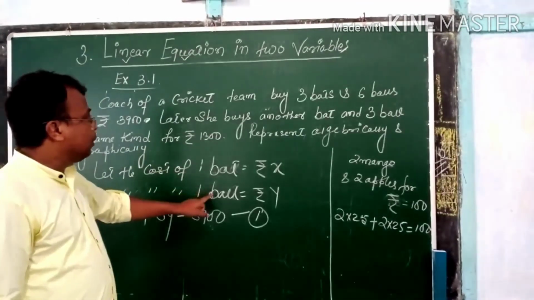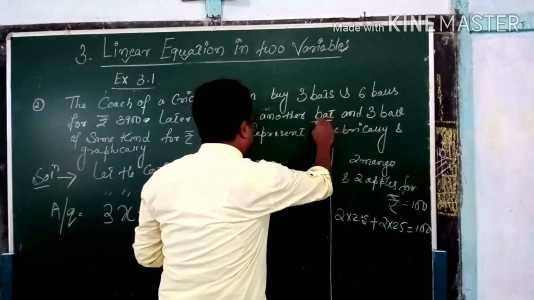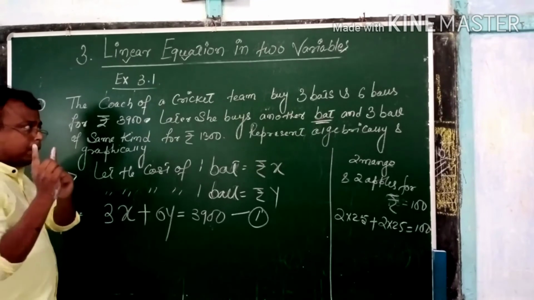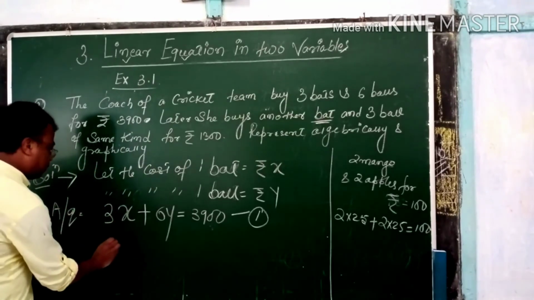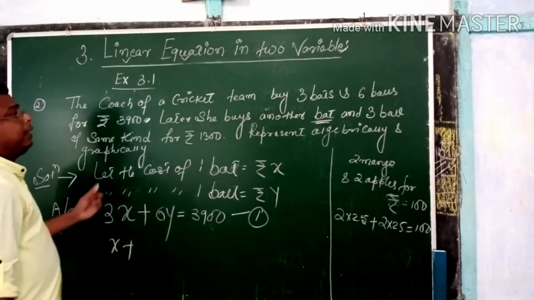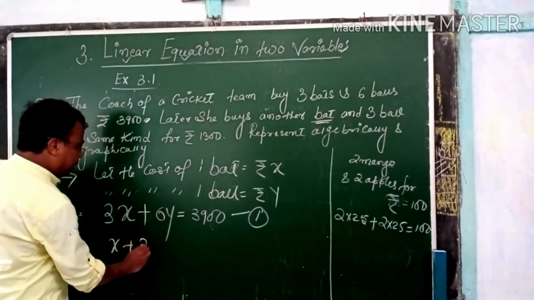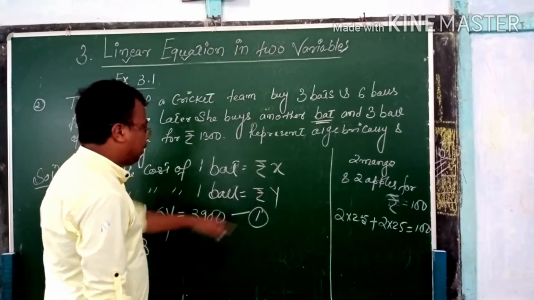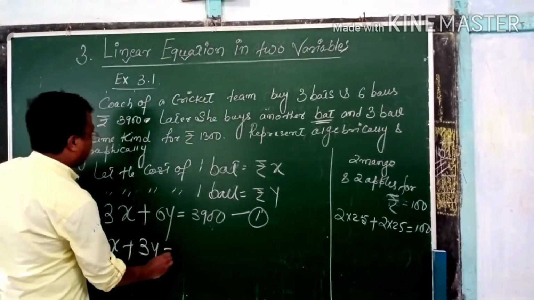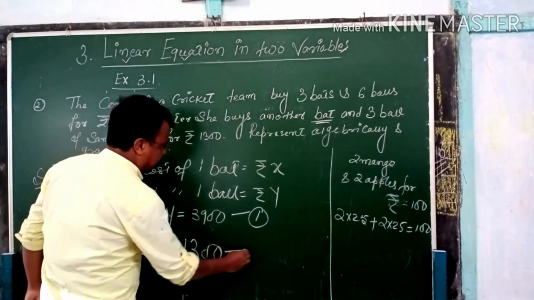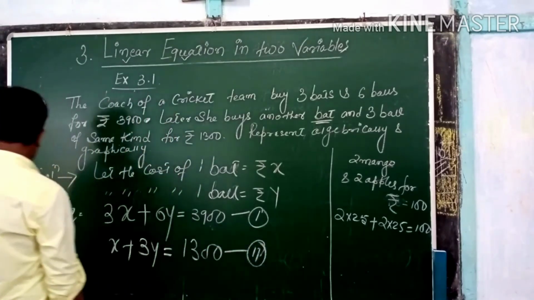The cost of one bed is X, and we purchase one bed only, so 1 into X means X only, plus 3 balls, so 3 into Y, since the cost of one ball is Y. So 3Y. Total paid: rupees 1,300. This is equation number 2.